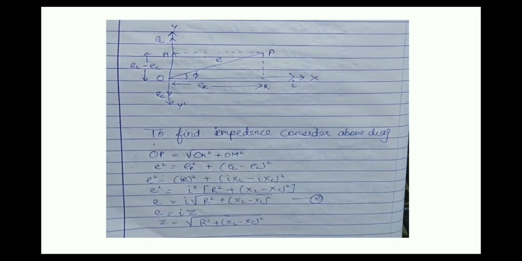Substituting the values and taking I square common, we get I square into (R square plus (XL minus XC) the whole square). Removing the square from the left hand side, we put the square root over R square plus (XL minus XC) the whole square. Z is known as the impedance of the circuit, that is, the square root of R square plus (XL minus XC) the whole square. This is represented by E equals I into Z.